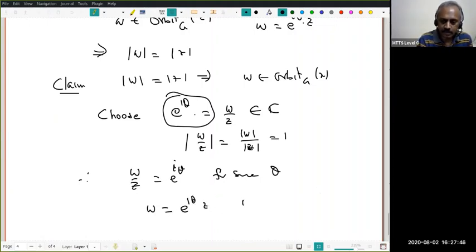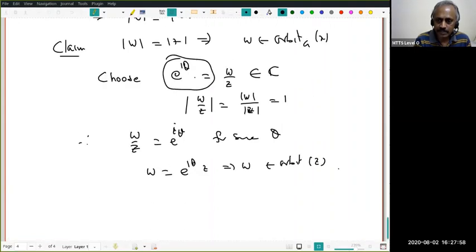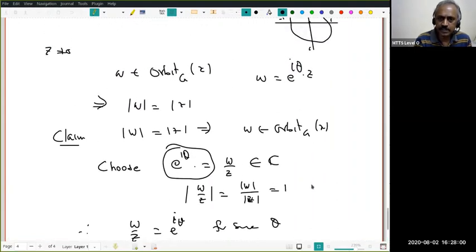That means w belongs to the orbit of z. Is the proof okay? Now this is all pure symbolic manipulation, but we should look at this. So what we have said is w is in the orbit of z if and only if mod w equals mod z.